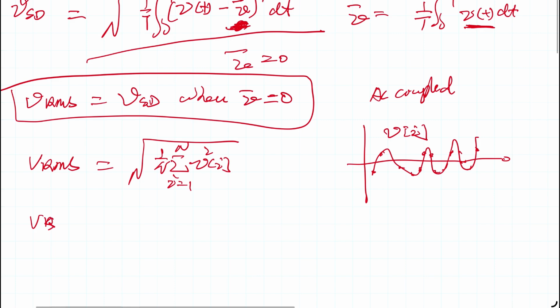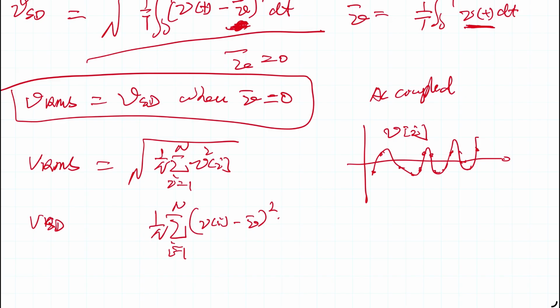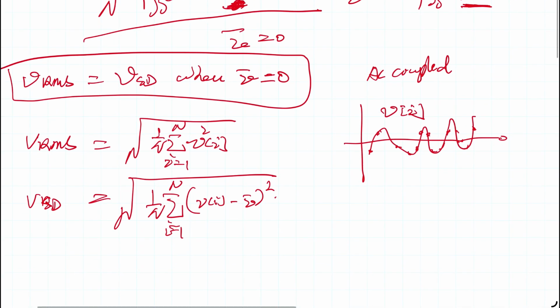Similarly for standard deviation in the discrete domain, we have the signal V_i, subtract V bar, the mean of the signal, take the square, and use a summation from i equal to 1 to n, divide by n samples, and take the square root.